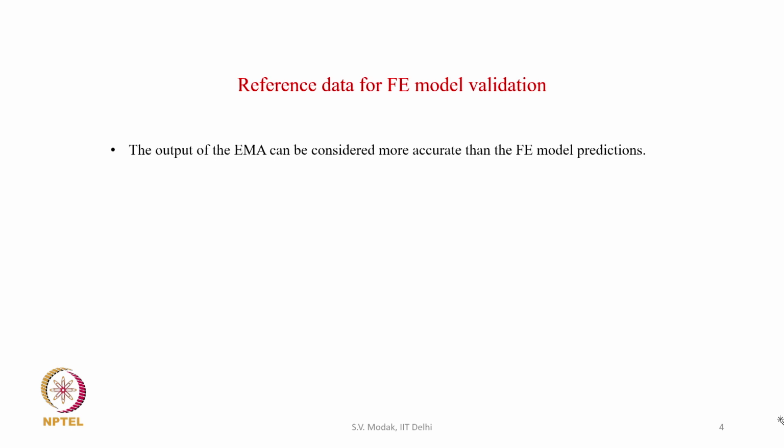So, the output of experimental modal analysis can be considered more accurate than the FE model predictions. This is because the experimental modal analysis or modal test is conducted on the actual structure or the actual prototype of the system. So, the test takes into account all the effects which are present in the structure.